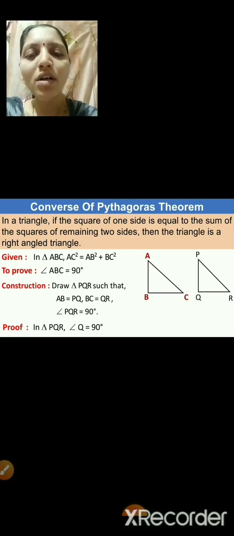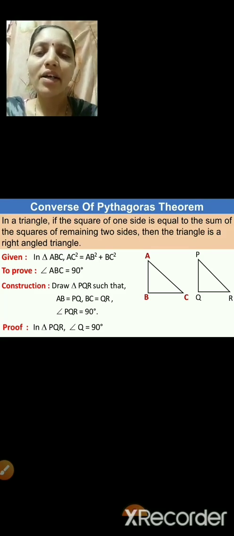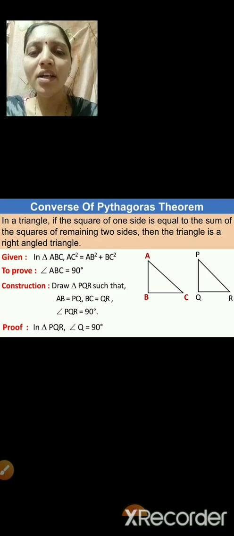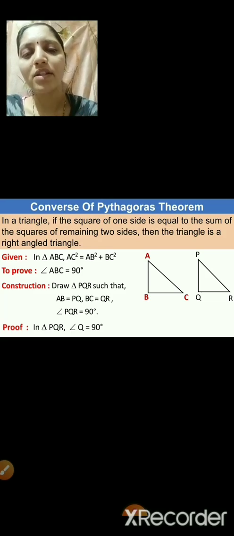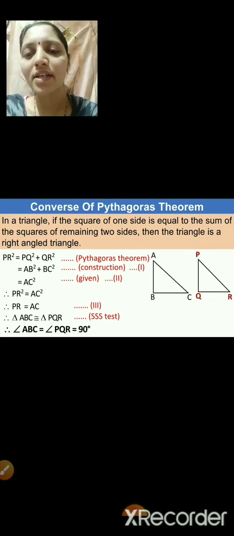Now here in triangle PQR, what is given to you? Angle Q is equal to 90 degrees. If any angle of the triangle is 90 degrees, then you can use the Pythagoras theorem. So according to the Pythagoras theorem, PR square is equal to PQ square plus QR square. Now due to construction, we have already seen that PQ is equal to AB and QR is equal to BC.